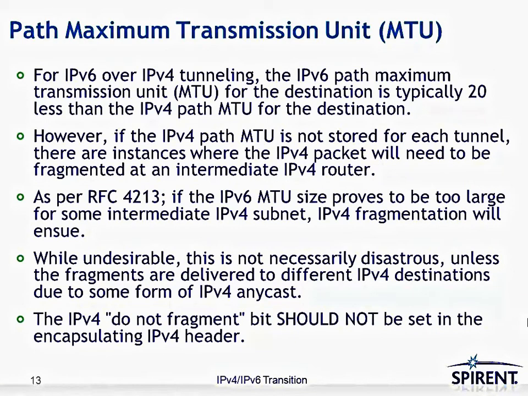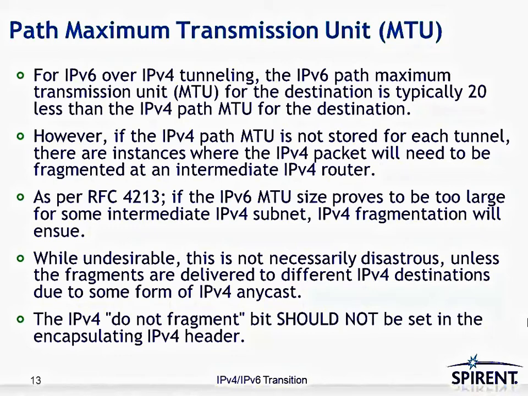So regarding the path maximum transfer unit, one might assume that the IPv6 packets will not exceed the typical MTU of IPv4, especially since IPv6 has a default MTU of 1280 and most IP packets are carried over Ethernet links which have an MTU of up to 1500. However, since path MTU information is not stored for the tunnels, you have to make some accommodation for the fact that the packet could end up larger than the MTU of any particular link.